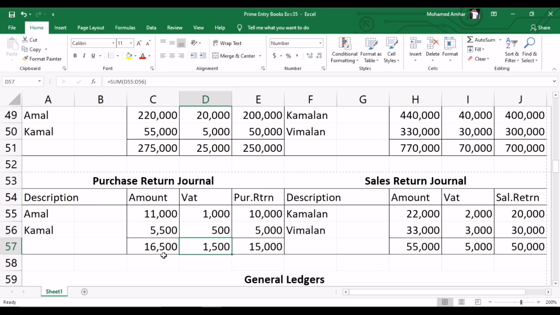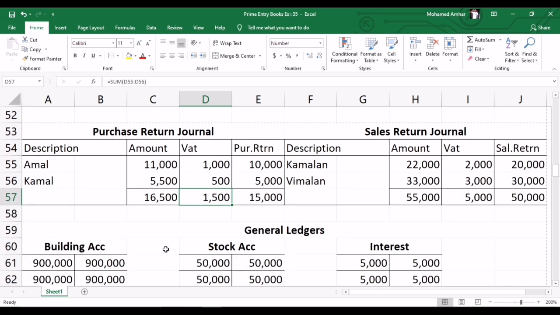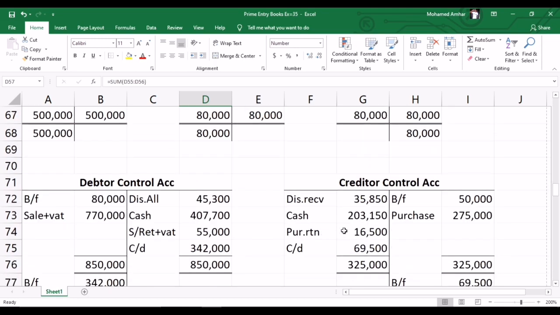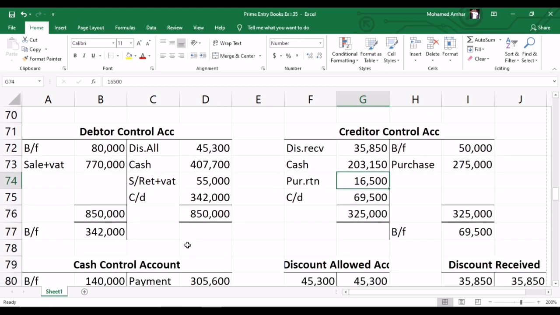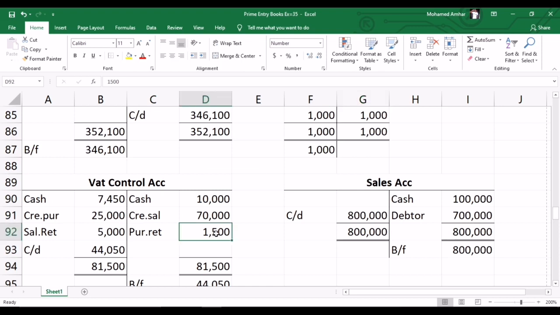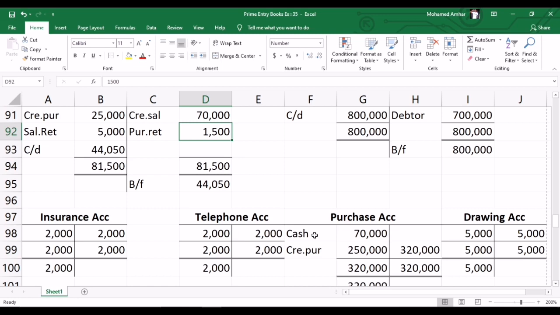Right, check, creditor account should be debited. 16,000, the creditor account should be debited here. And VAT account and purchase return account should be credited. Right. See, VAT account here and purchase return account credited.